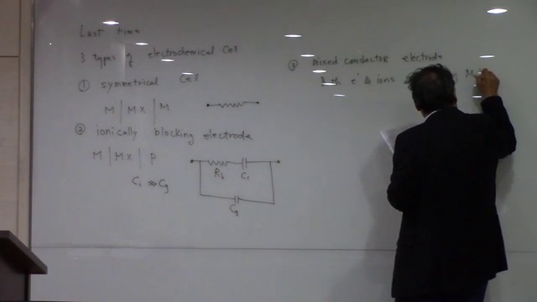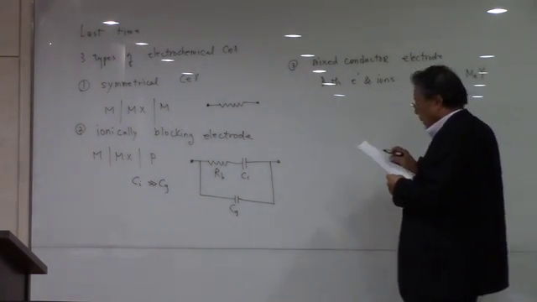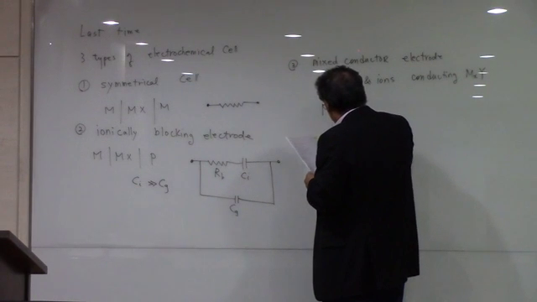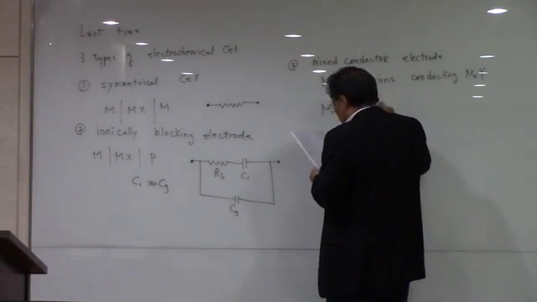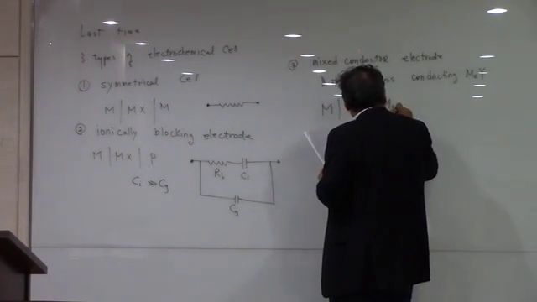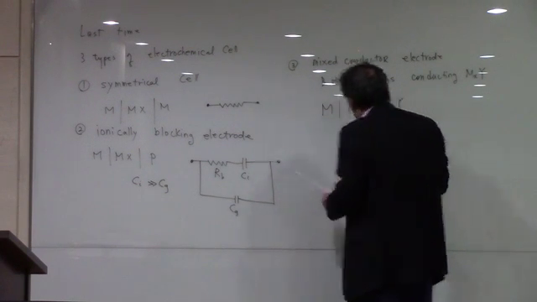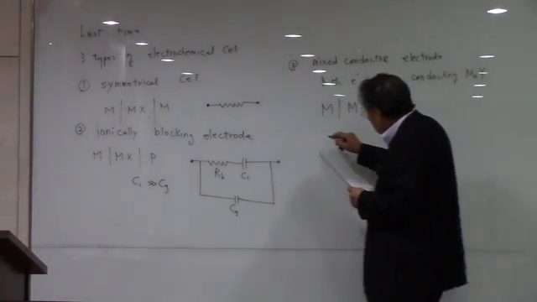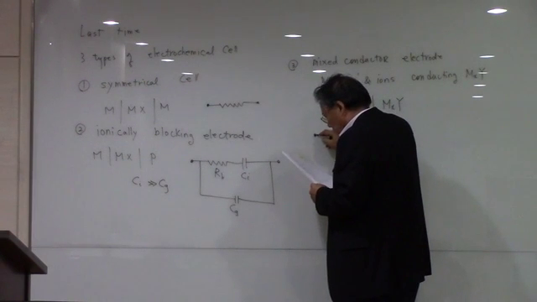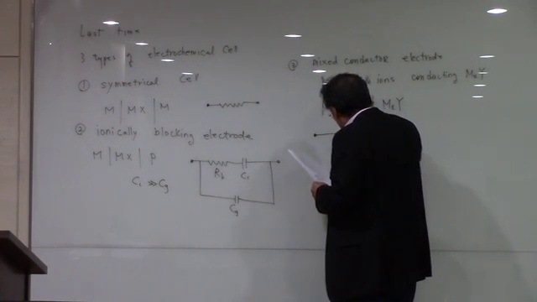MXY as a cathode. So the electrochemical cell is going to look like this, and the circuit analogy is going to be the resistance for the bulk resistance.